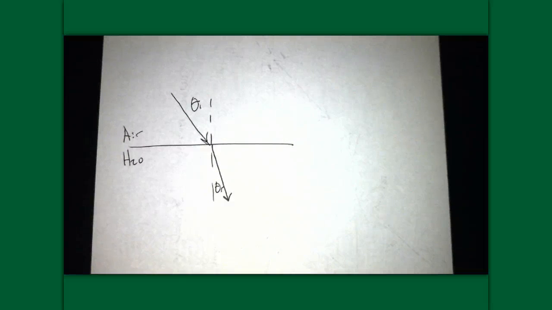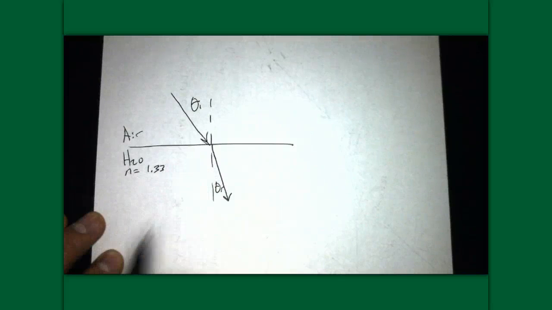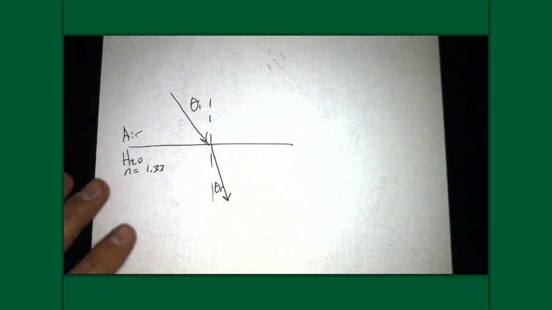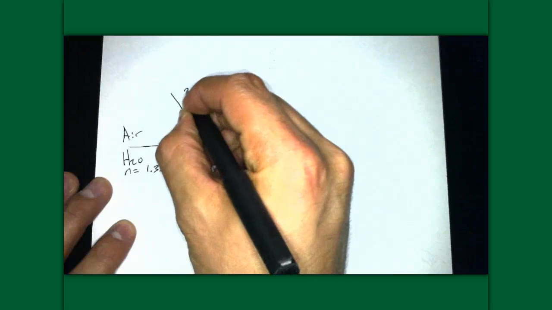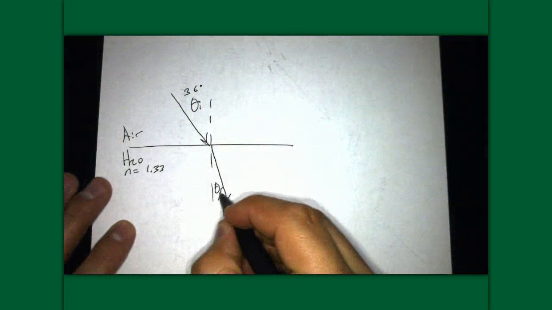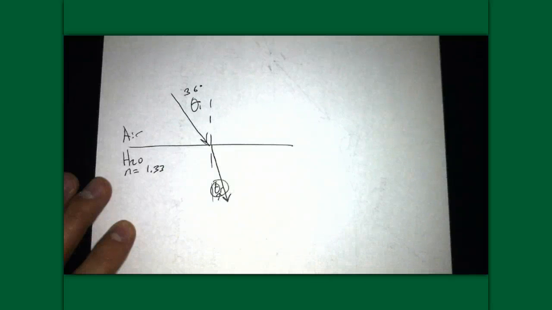The problem says that N of water is 1.33, and it tells us that it's striking the water at an angle of 36 degrees to the normal. So you should be able to tell that this angle right here is 36 degrees.